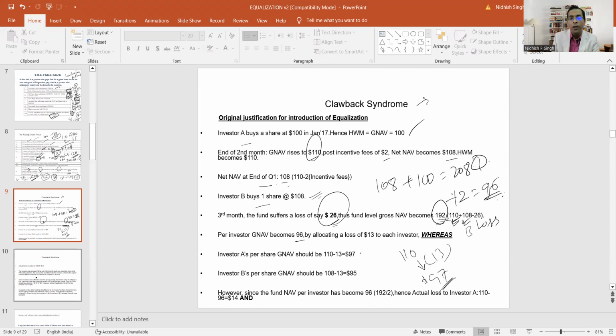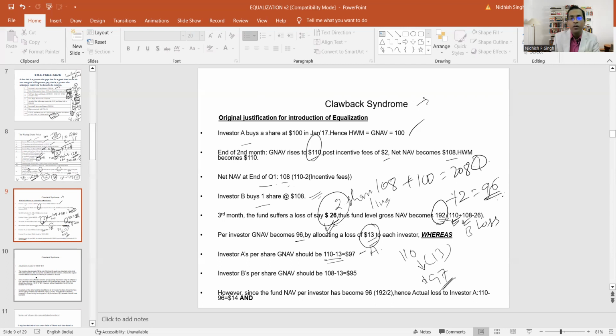So if we reduce $13, 110 minus 13 will be 97 for investor A. And why are we reducing $13? Because $26 is the overall loss in 2 shares, or 2 investors. So each investor will lose $13.